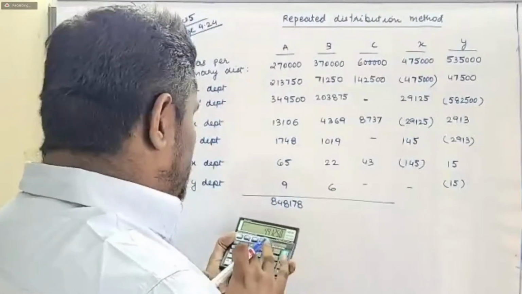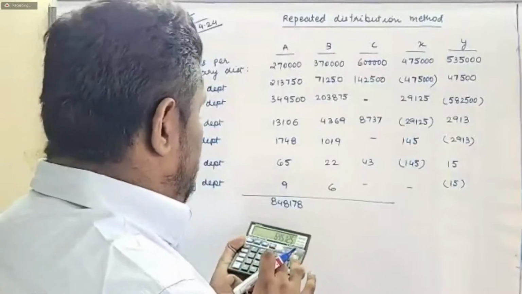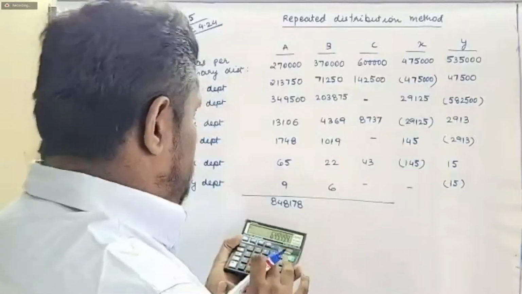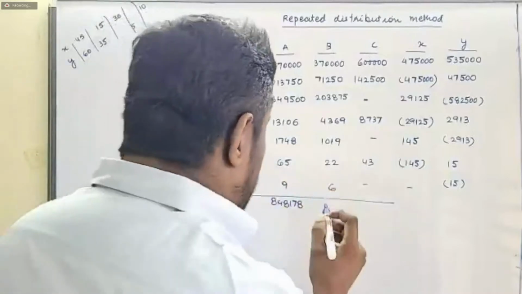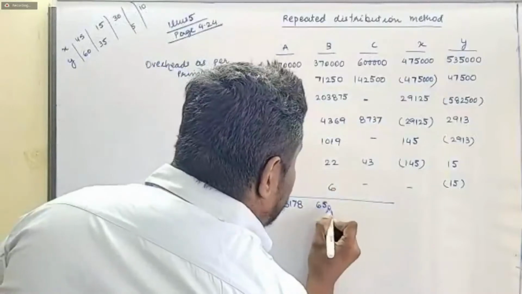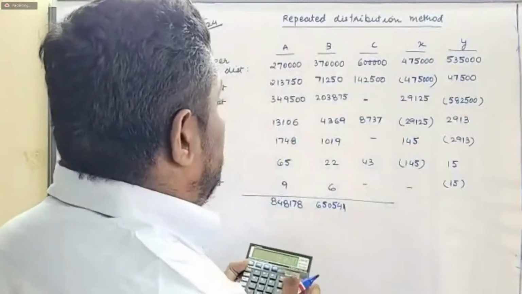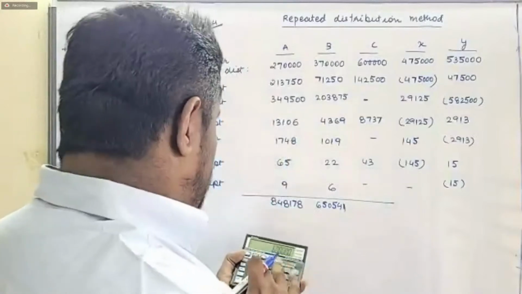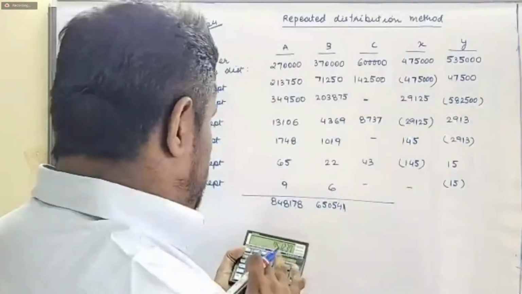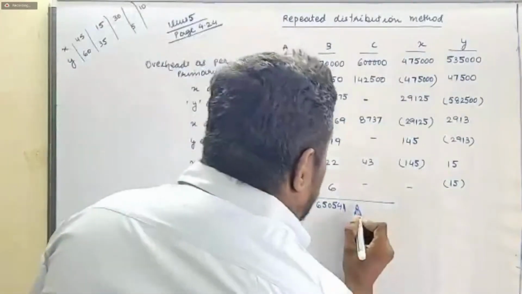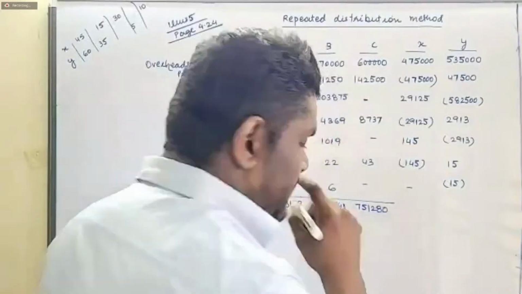71,250, 203,870. Six 50541. Seven 51280.